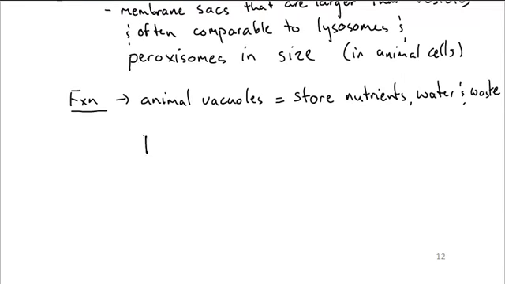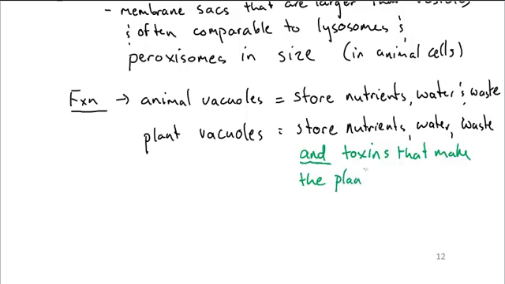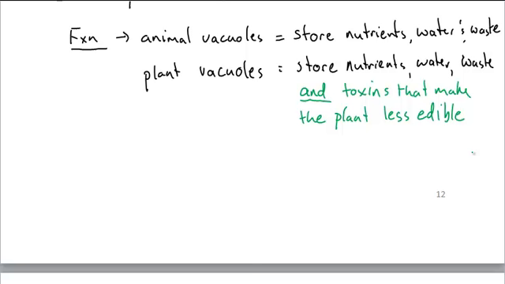In plants, they do those three things. They do one thing, they store, but they store nutrients, water, waste, and because the plants will go green, they store toxins that make the plant less edible, so things that protect the plant from being eaten by other things, and pigments that control the plant color.